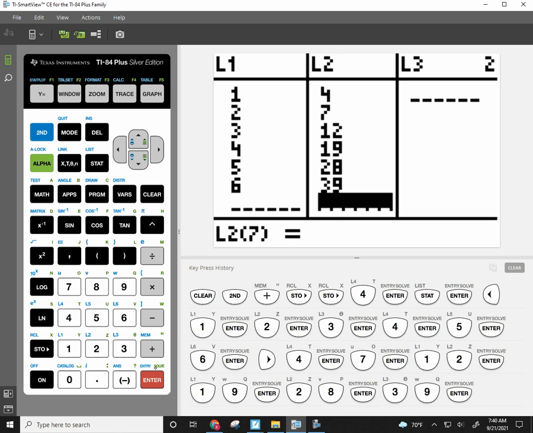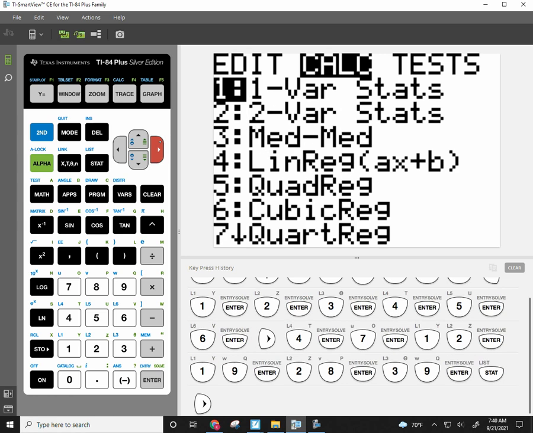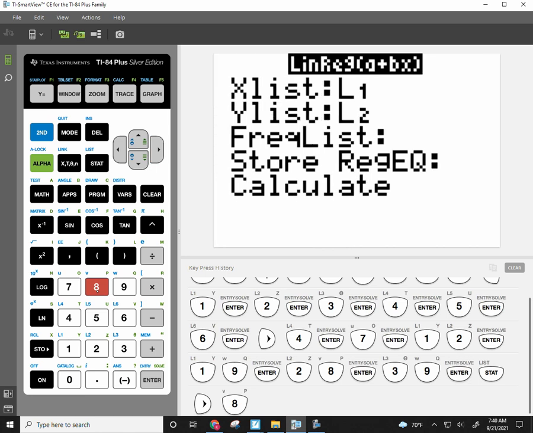We're going to go to stat, arrow over to calculate, and it's quadratic regression, which is number 5. You can arrow down or just press number 5. Now it tells you I'm pulling list 1 and list 2. Those are my x and y values.